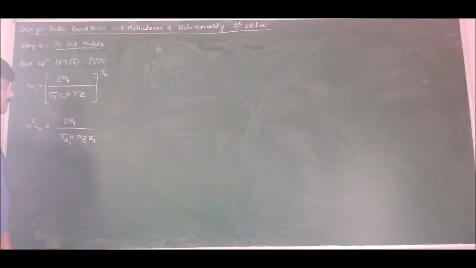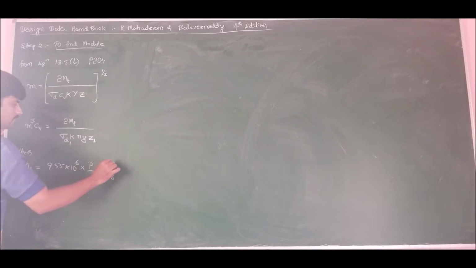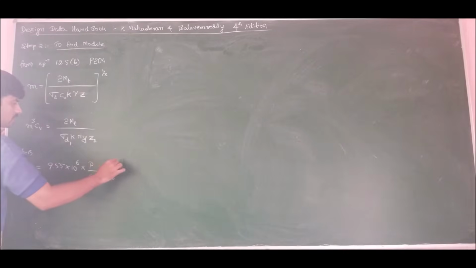Pinion is the weaker member. Now to find the value of Mt, Mt is equal to 9.55 into 10 to the power of 6 into power by RPM into service factor, where Mt is nothing but torque.